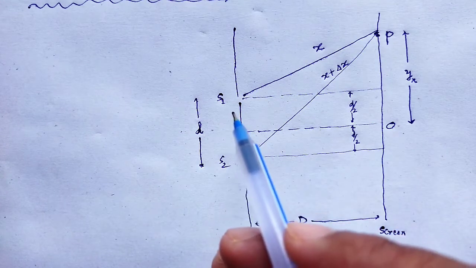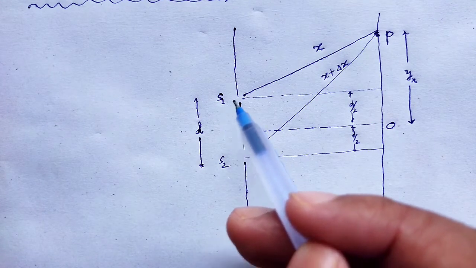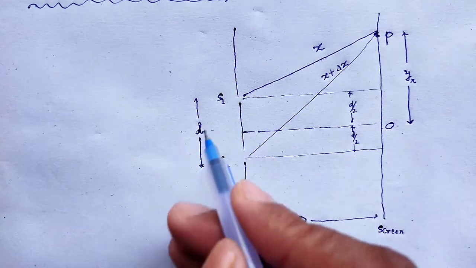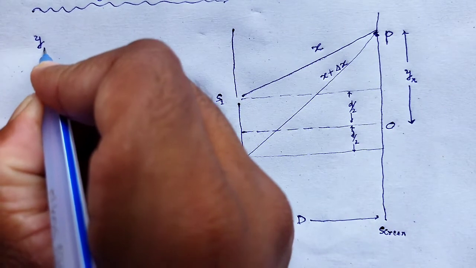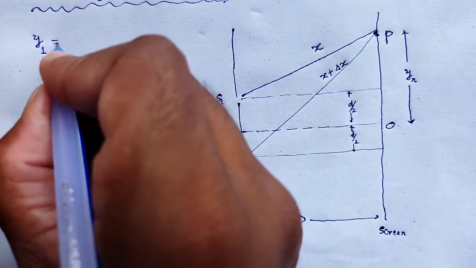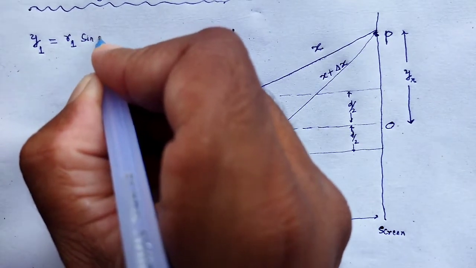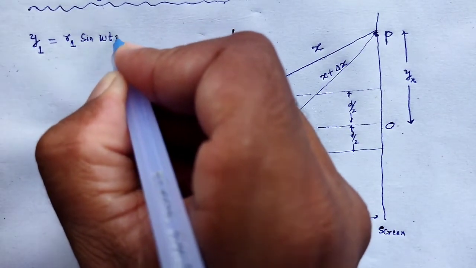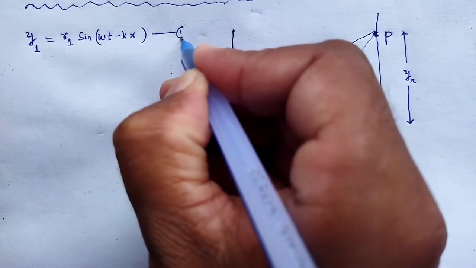So the displacement of the wave emerging from S1, y1, is equal to R1 sin(omega t minus kx). That is equation number 1.